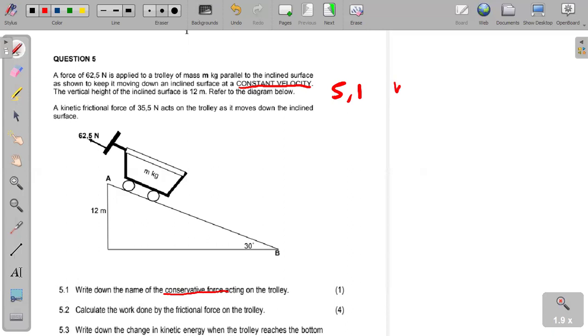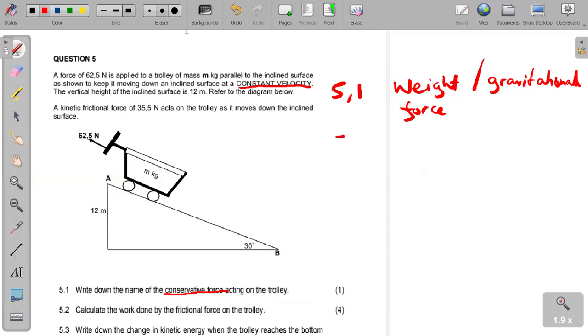A very good example is weight, or gravitational force. Apart from that, we also have magnetic force and electric force. But on this diagram, the conservative force that is acting is weight, the gravitational force. So we've answered that part.